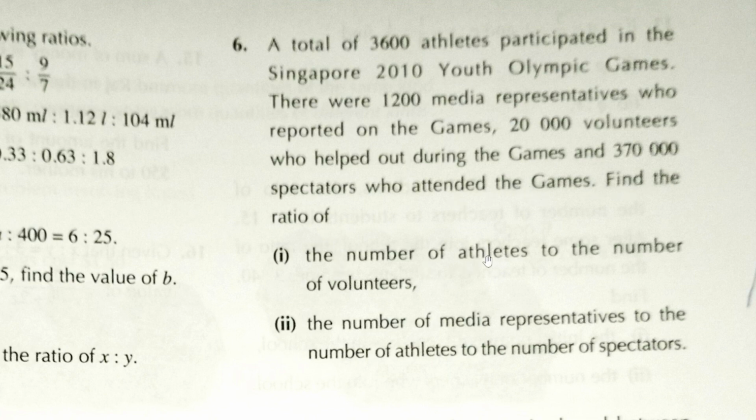Find the ratio of the number of athletes to the number of volunteers, and in the second part, the number of media representatives to the number of athletes to the number of spectators. This is the continued ratio. In part 1 we have to find the simplest ratio, that is the number of athletes to the number of volunteers. Number of athletes is 3,600 and number of volunteers is 20,000. So let us find this ratio.